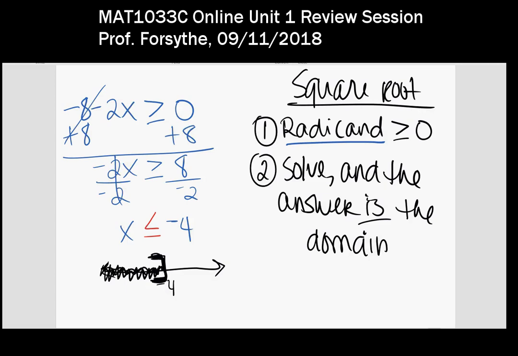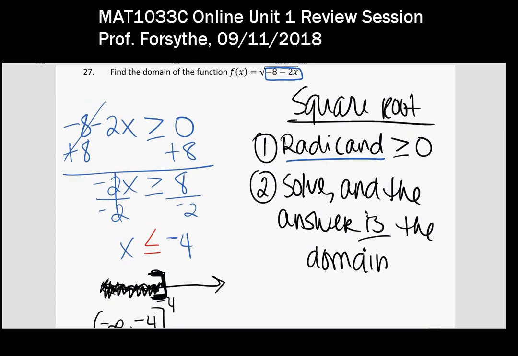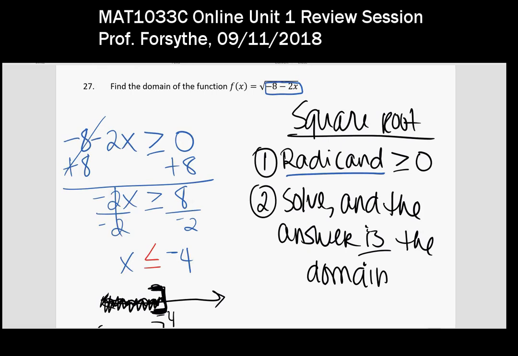And so the interval will look like this. It would start at negative infinity, and it would go all the way to negative 4 with a bracket. And that would be the domain for this function, which was f of x equals the square root of negative 8 minus 2x.